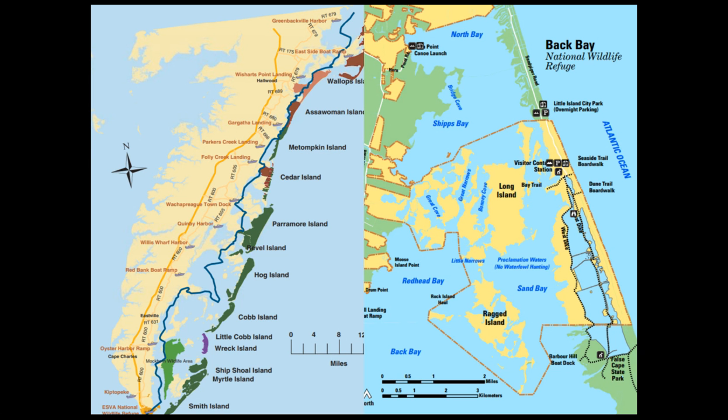In addition, 10 national seashores have been established along the Atlantic, Gulf, and Pacific coasts. These national seashores are part of the National Park System. Assateague Island in Virginia, Cape Hatteras in North Carolina, Cape Lookout in North Carolina are all national park systems.